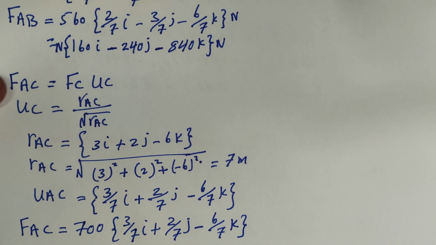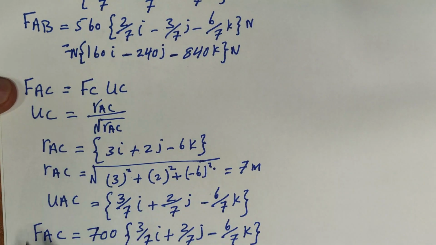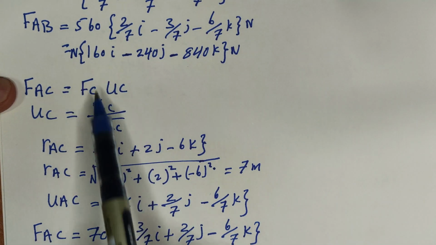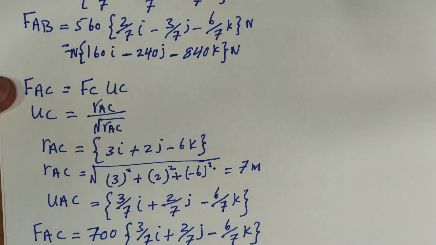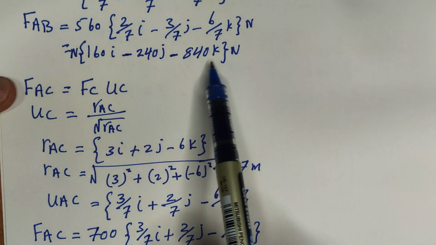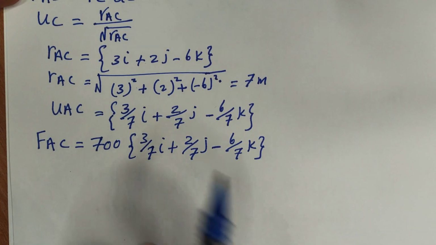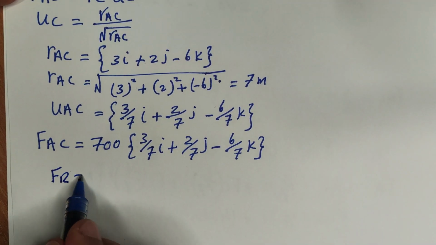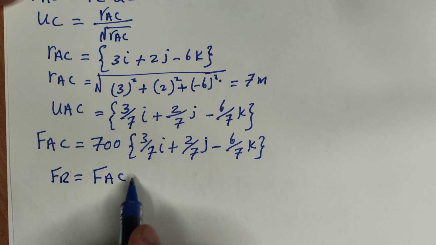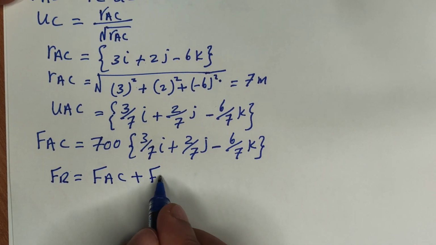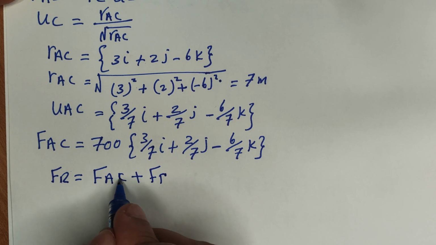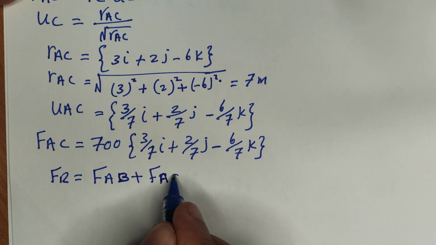Now we have both FAB and FAC, and we are going to add them together. The way we add them together, we add the i components together, j components together, and k components together. So FR is equal to FAB plus FAC.